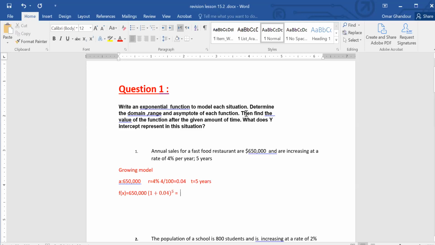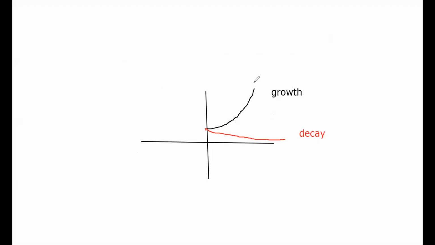What if he didn't give me a table nor a graph, nothing? I have to imagine. Now, I understand that if this is a growing model, it will be this shape. Now that's why we graphed it. So it will be this shape, right? So I am talking about the growing model. This is what I understand.